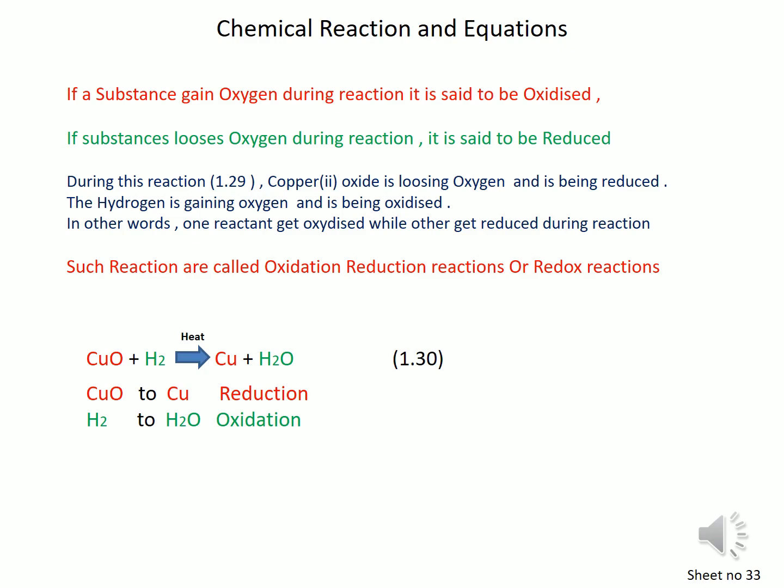Here we are losing oxygen to form Cu, so since we are losing oxygen, it is a reduction. In the case of the green element, H2 is becoming H2O. That means we are gaining oxygen. Since we are gaining oxygen, it is an oxidation process. So in the same reaction, oxidation is taking place and reduction is also taking place. Easy to remember. One is gaining oxygen, the other is losing oxygen. That's all.